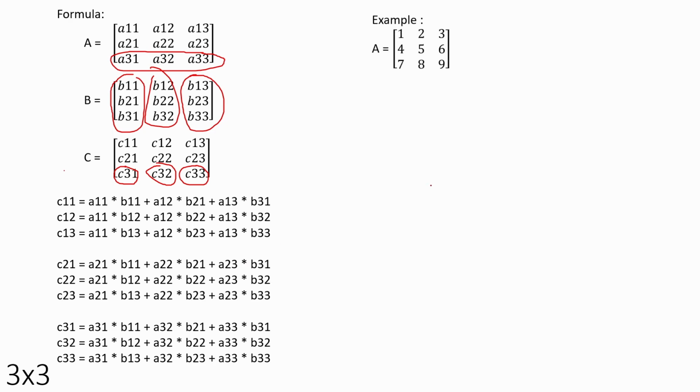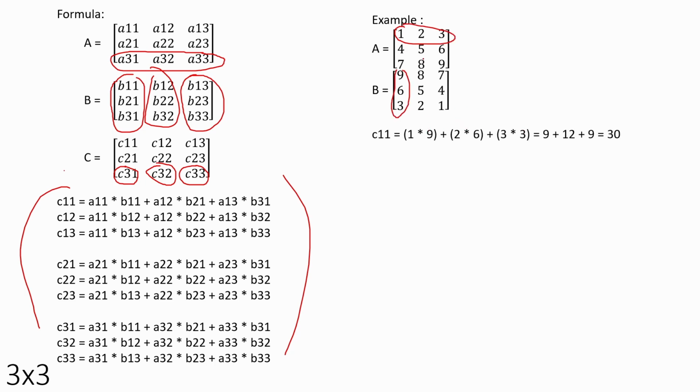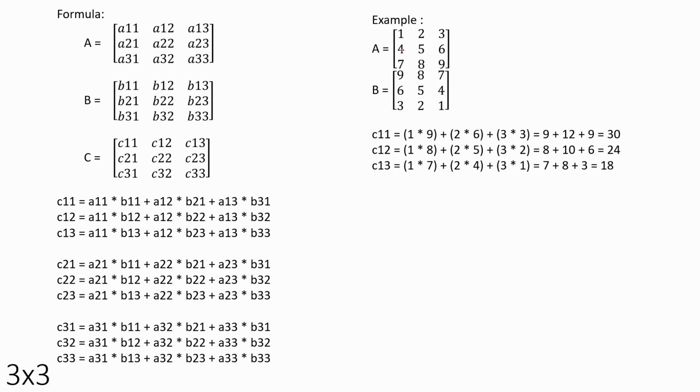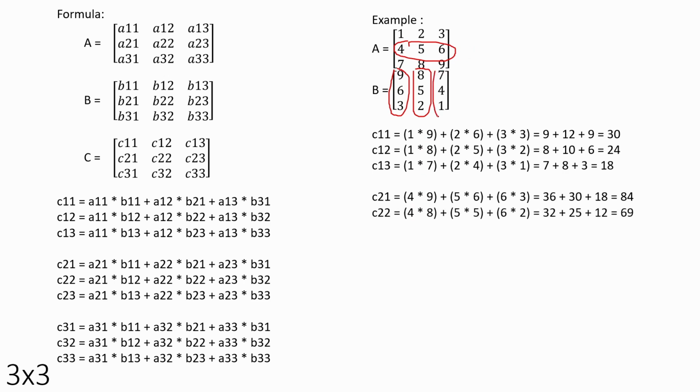Now let's see the example. To calculate these two matrices, let's do the same with this formula. To find the first row, this one and this one. And next, this one, still the first row. And next, this one, still the first row. And then let's move to the next row. This one, but same column. This one, and then next, this one.